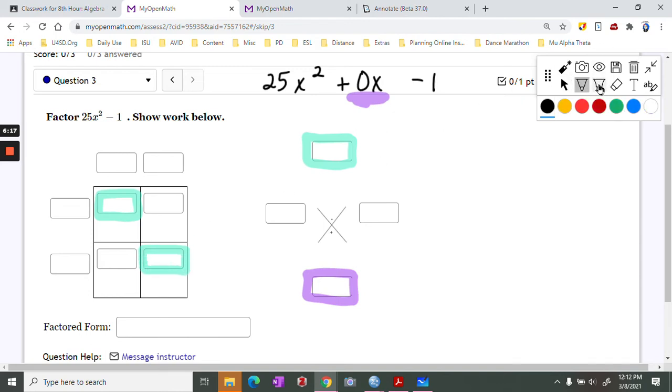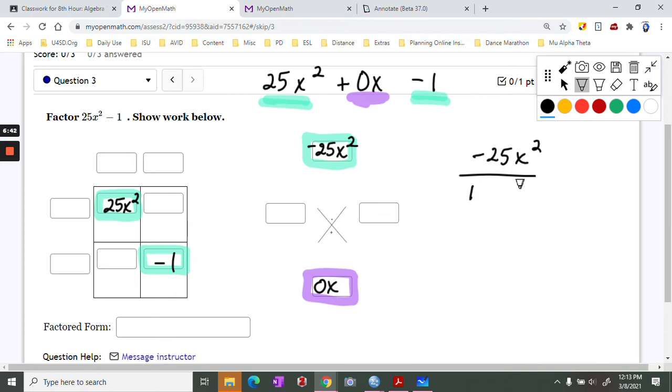So I can still do my first and last terms just like I did on the previous problem. Oops, I want to highlight this also. Okay, so my 25x squared and my negative 1, and that gives me a product of negative 25x squared, and my sum is 0x. So I'm looking at my factors of negative 25x squared, and I can do 1x times 25x, but I need a sum of 0.